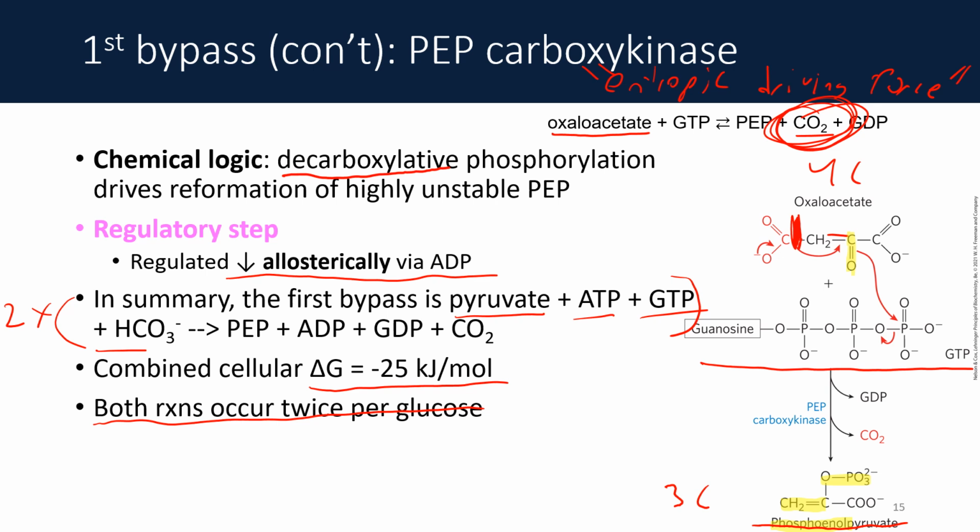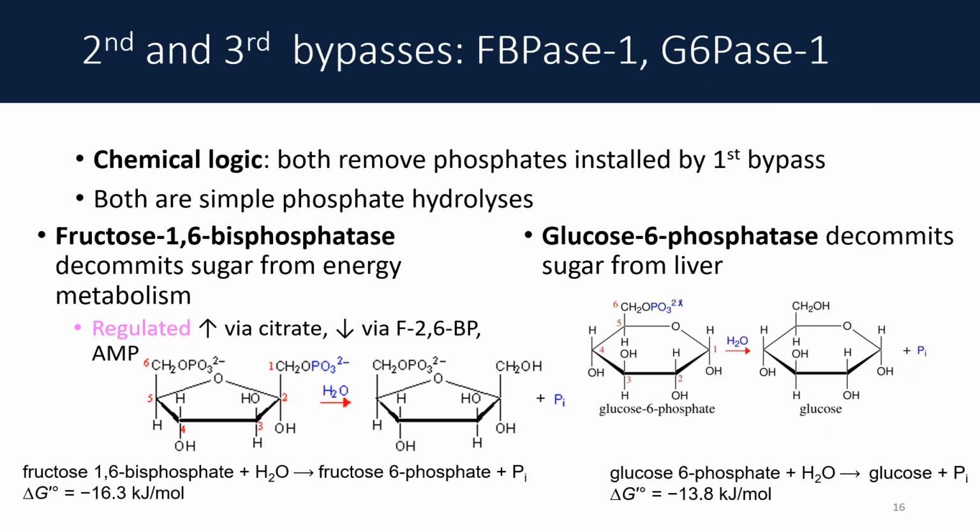So already, this process is looking rather expensive. The second and third bypass reactions to gluconeogenesis are way easier to comprehend, in my opinion. They are specifically FBPase1 and G6Pase1, and both of them have a common goal of removing phosphates, specifically the phosphates that we installed through that set of first bypass reactions.